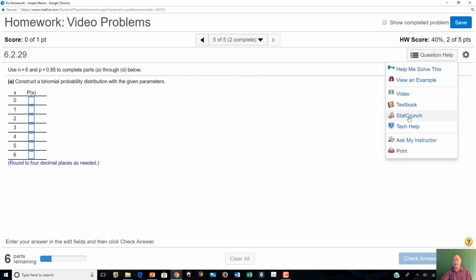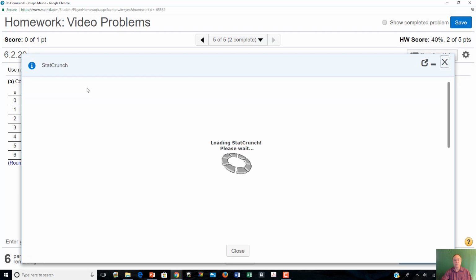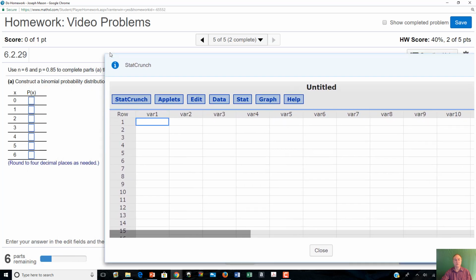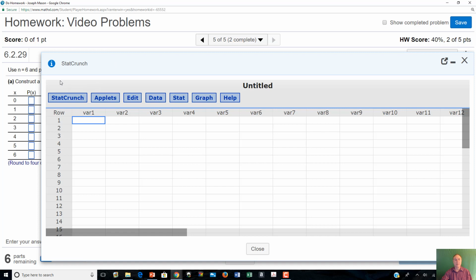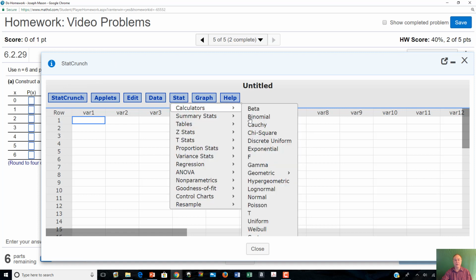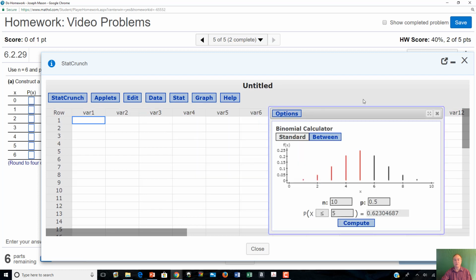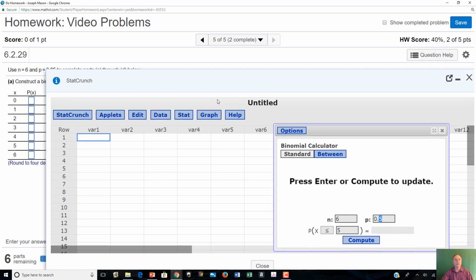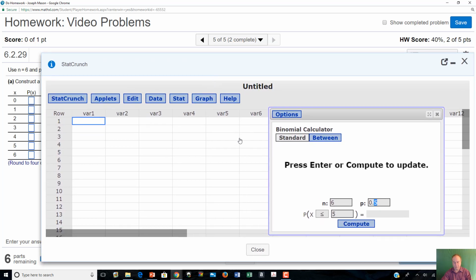So we go up under StatCrunch. Hit Stat, Calculators, Binomial. n was 6, p was 0.85.